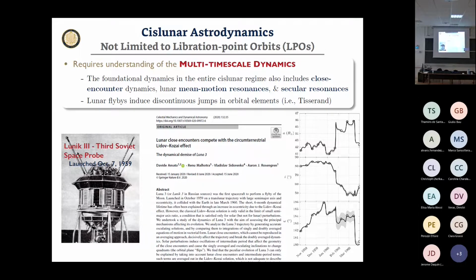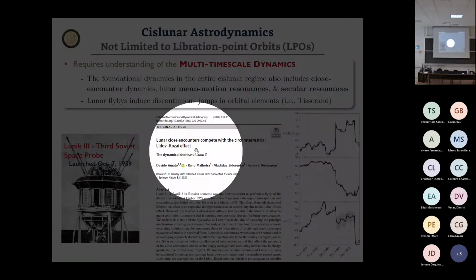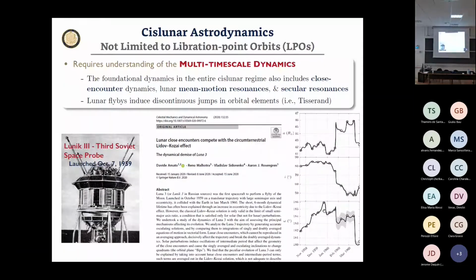The interesting thing about this spacecraft is that despite its perigee being larger than the distance of GEO, 7 Earth radii, after 11 revolutions it plummeted to the Earth.